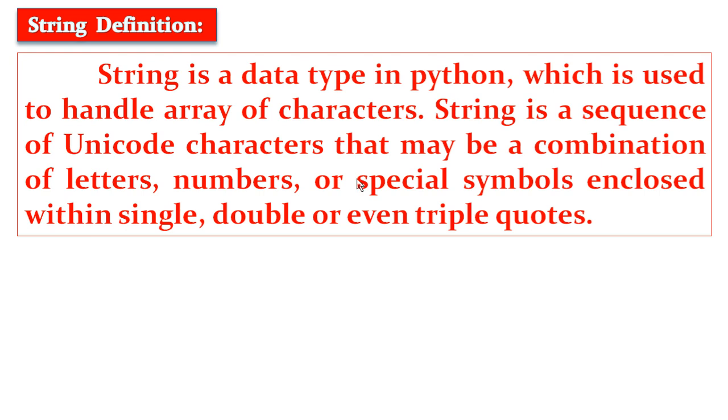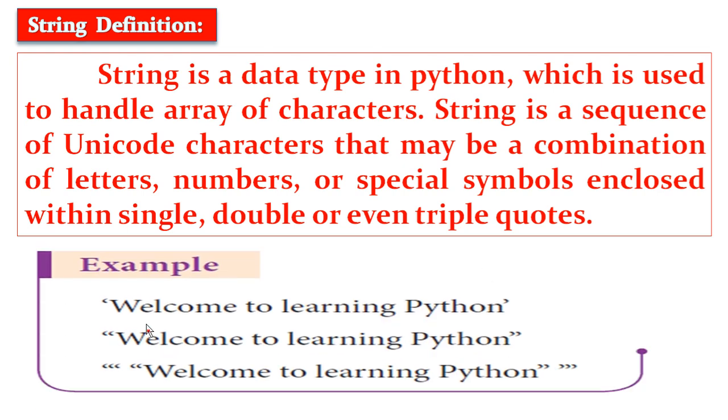But in Python, we can enclose a string with a single quote or double quote or triple quote. Here is an example. This string, welcome to learning Python, is enclosed with a single quote. And second one, welcome to learning Python, this string is enclosed with double quote. And third one, the welcome to learning Python string is enclosed with triple quotes.